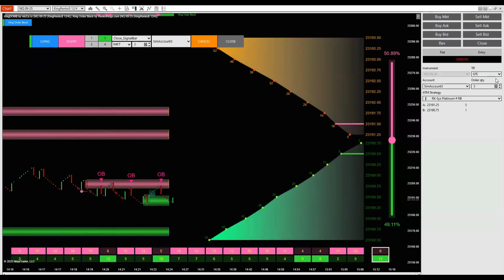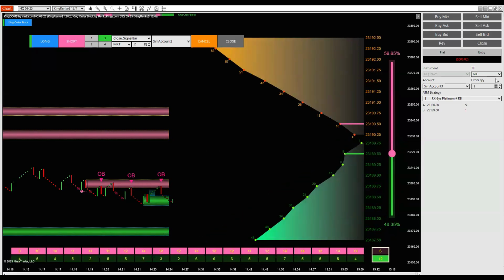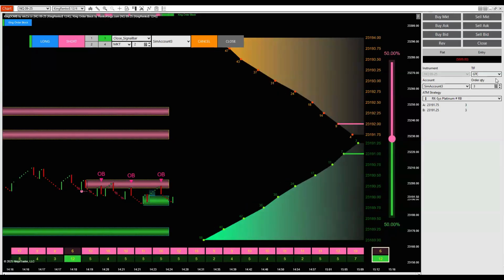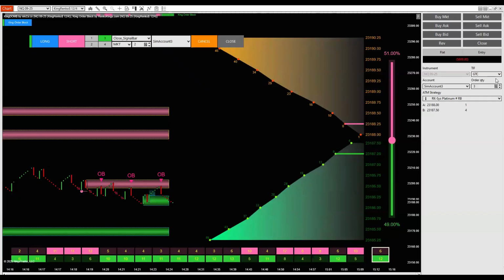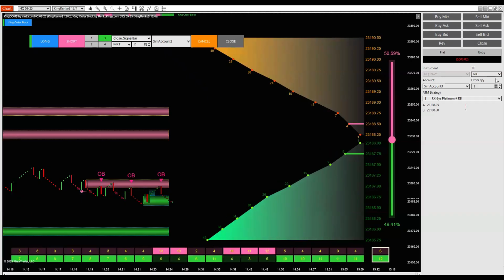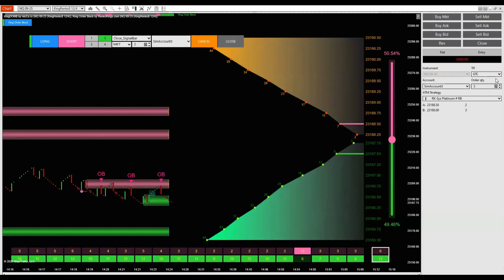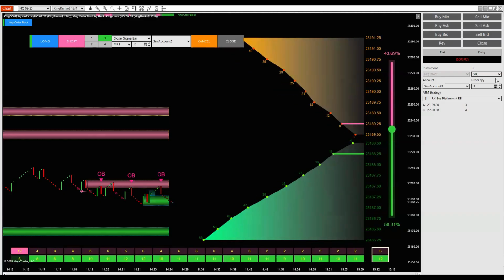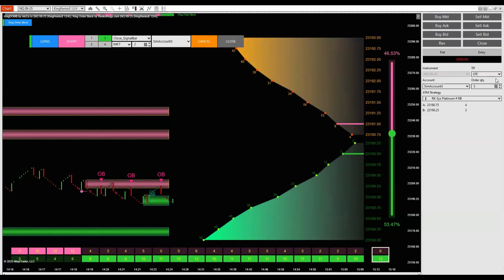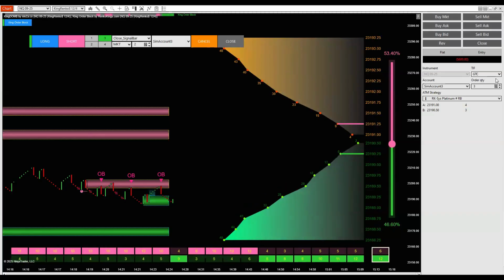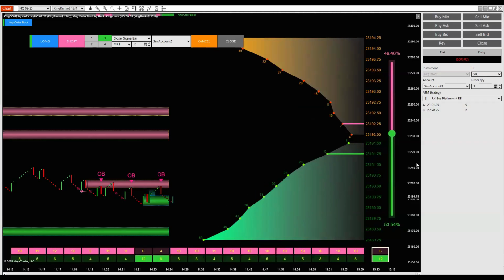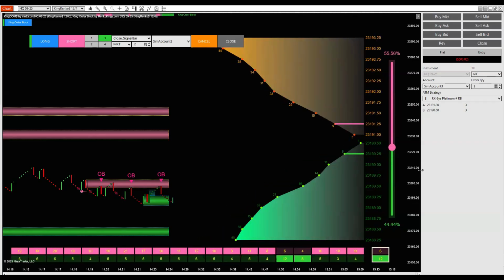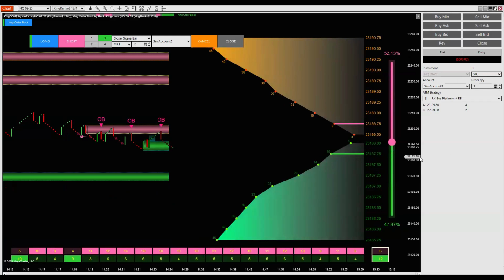I'm just looking at a chart. 171. If we come to around 171, it would be interesting. Yeah, but it's just not quite taking trades here.